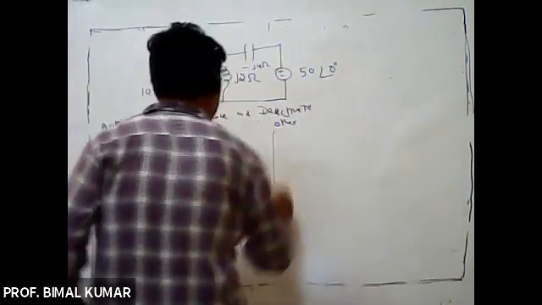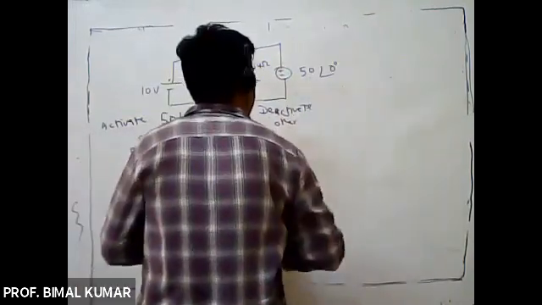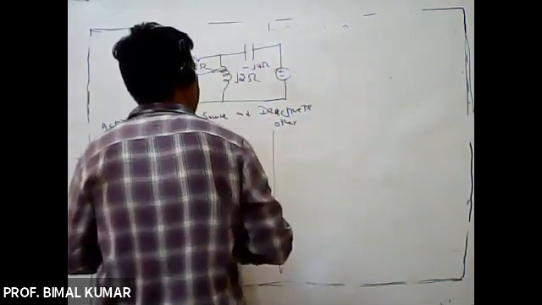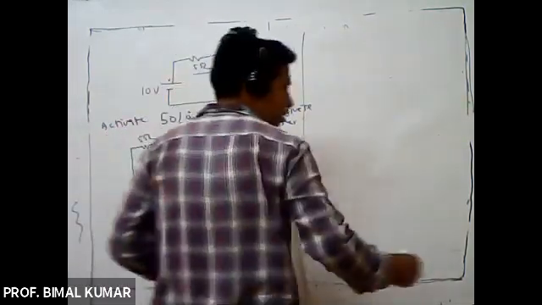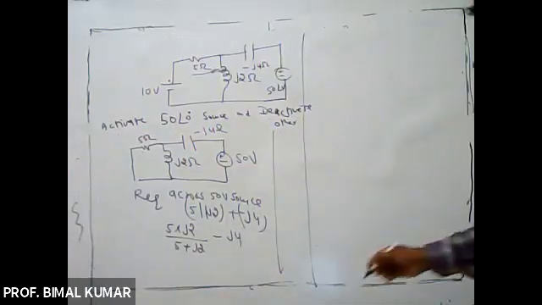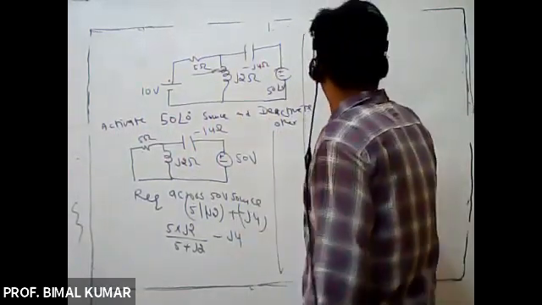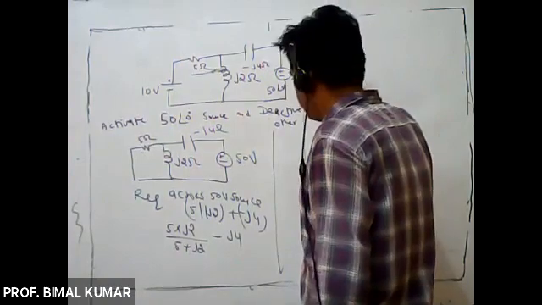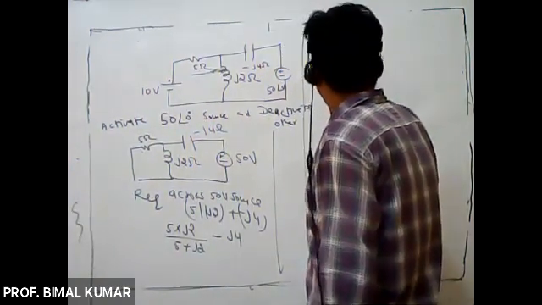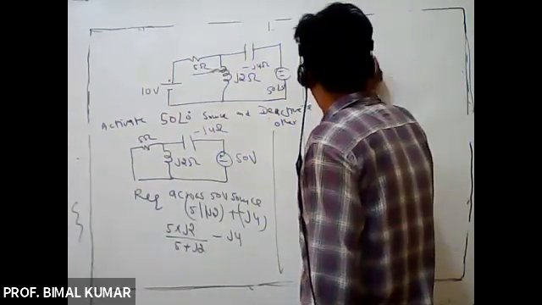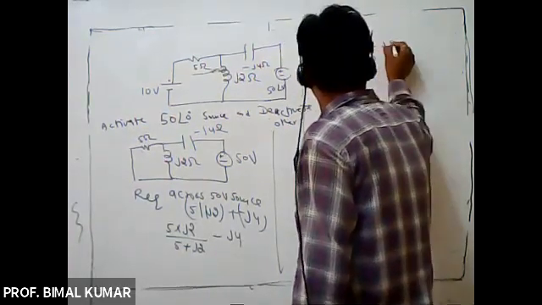So you will find this is 5 into j2, j10, divided by 5 plus j2, minus j4.